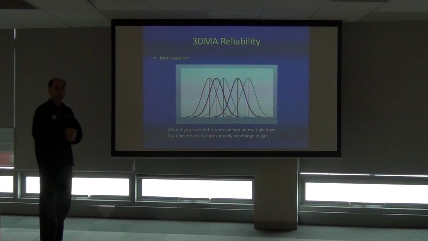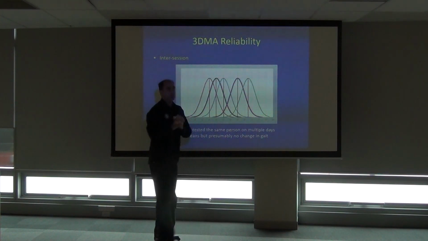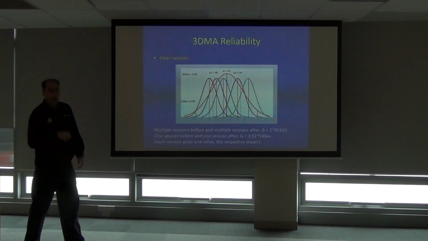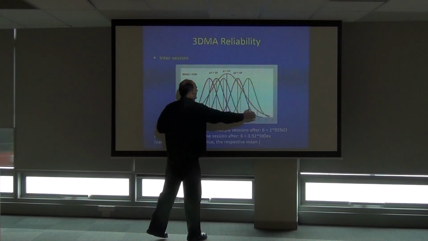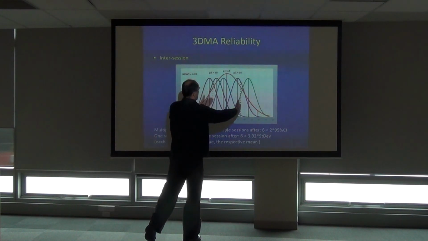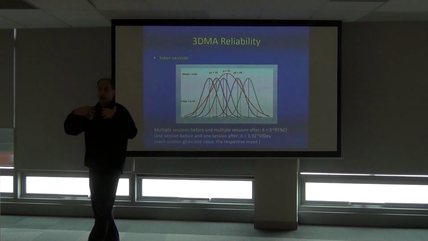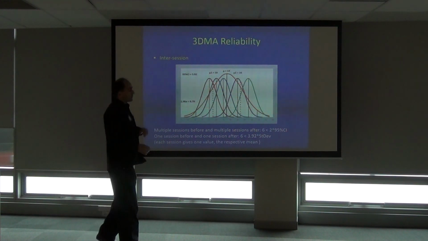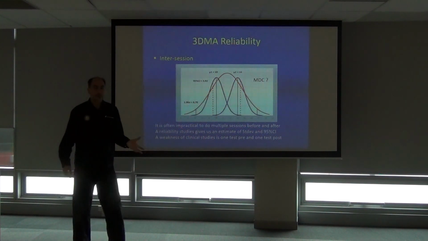So if we're just looking at the healthy subject coming back on consecutive days, we just can't look at the means and the individual data obtained on that day. We've got to look at a reliability study, intersession reliability, which gives us an overall picture of the spread of data, the 95% confidence interval, or standard deviation across consecutive days. So now we can look at the data that we had and ask, are they the same or are they different?